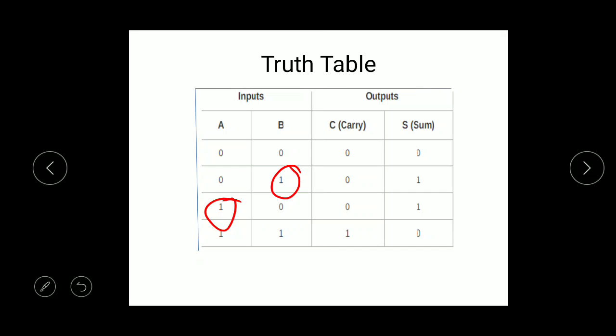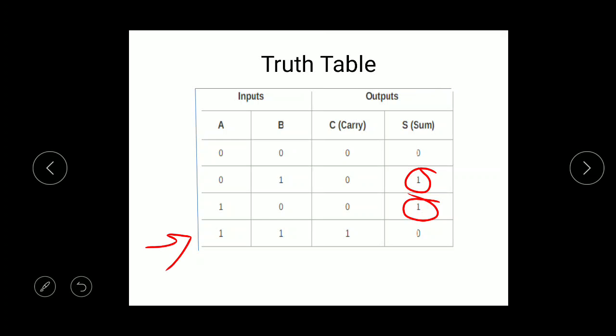So when this type of condition occurs, that any of the input values is 1, at that time the sum that gets generated will be 1, as you can see, and there will be no carry that will get generated. And this is the very important step.